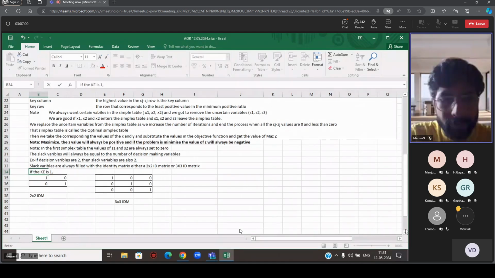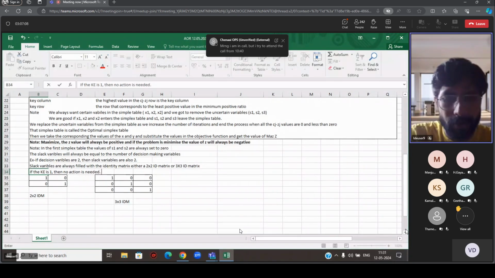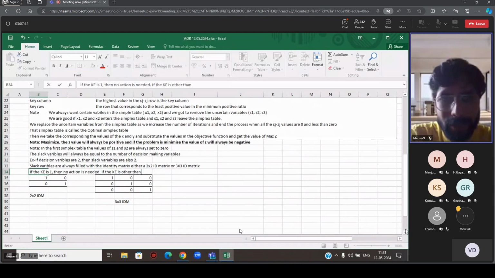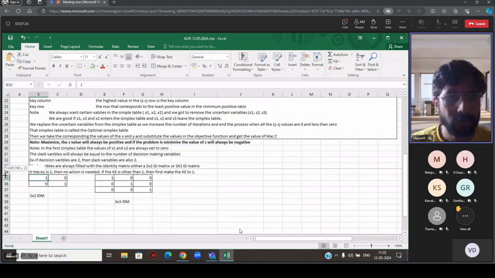Then no action is needed. If the key element is other than 1, then first make the key element 1. This is one thing.